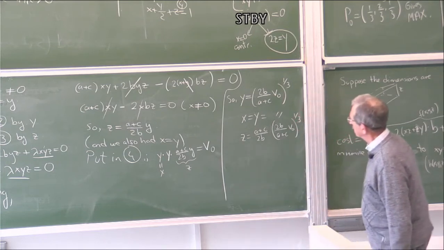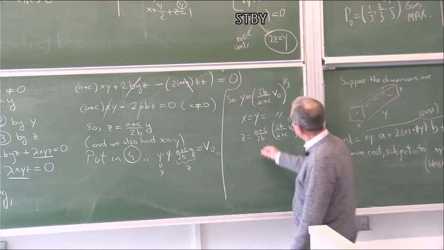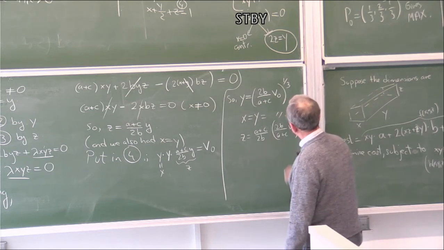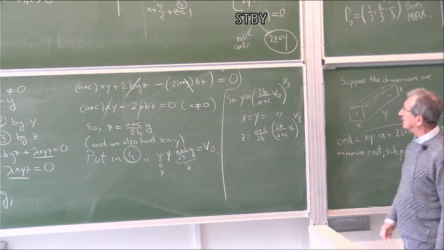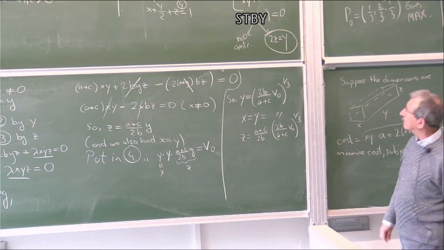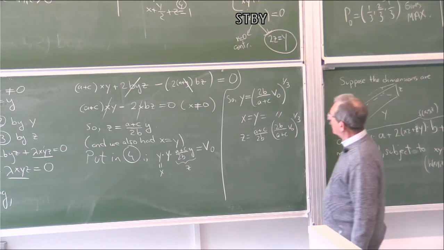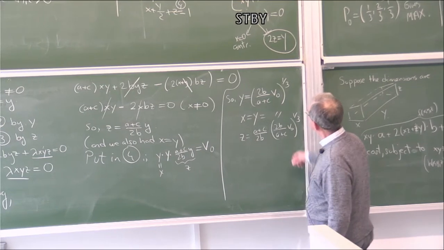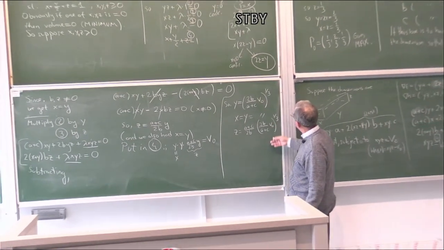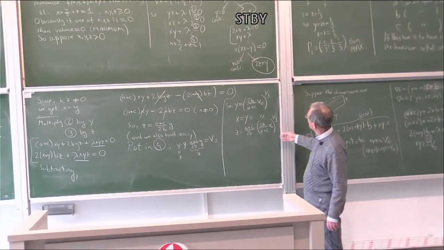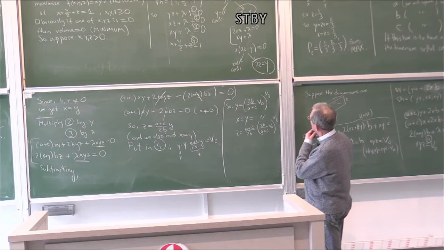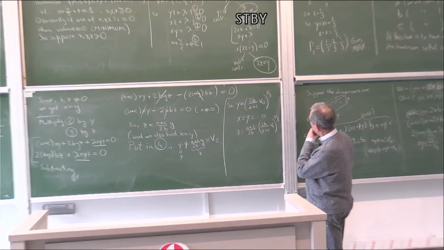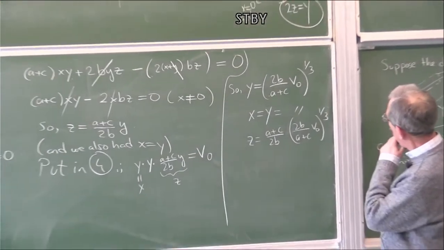Okay. So you can simplify a little bit if you want. If you don't want, that's it. Okay. Obviously, the product, this would be 2/3, and let me see, x and y are the same, so you have 2/3 of that.